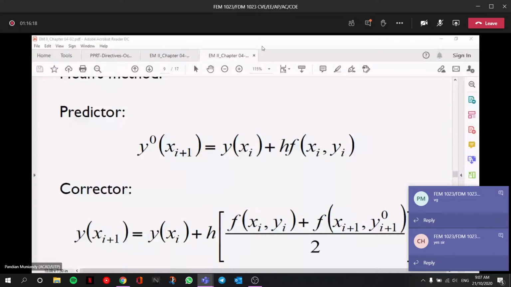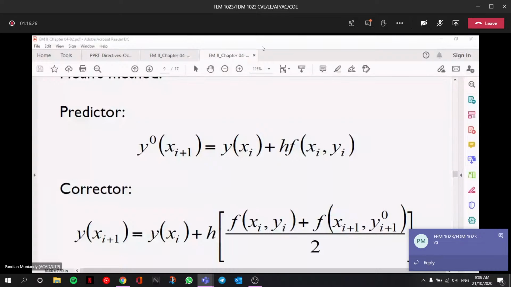Okay, now y at 1.1. So corrector. So now I write C, corrector. So the corrector, now we want to calculate y at 1.1. And this is corrector.